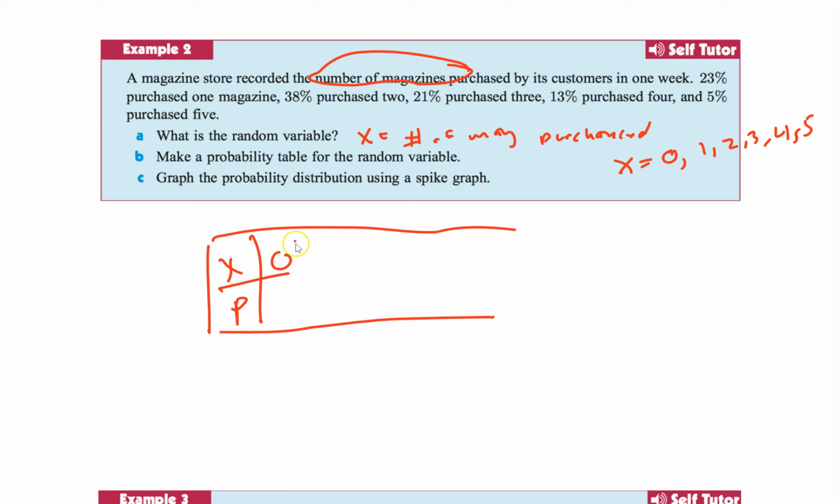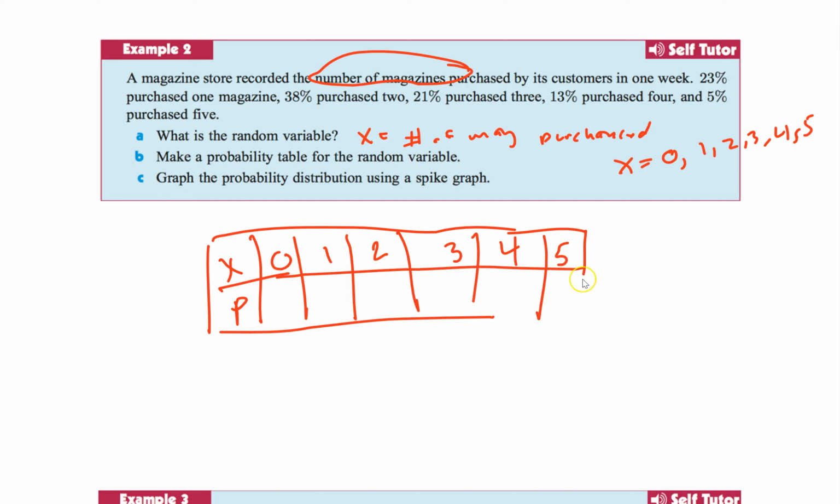So we could have 0, 1, 2, 3, 4, and 5. 23 purchased 1 magazine, so that's 0.23. 38 purchased 2. 21 purchased 3. 13 purchased 4. And 0.05 purchased 5. Actually, if you add all these up, you get 100.